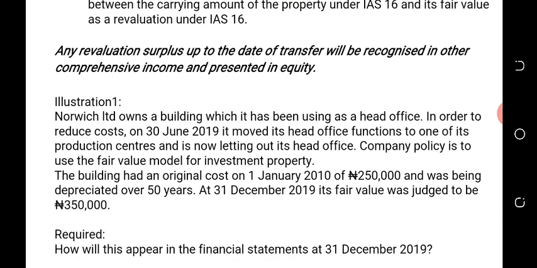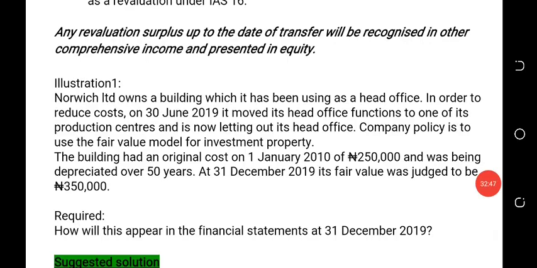In order to reduce costs, on 30th of June 2019, it moved its head office functions to one of its production centers and is now letting out its head office. Now, they have transferred the usage of their head office, which was for administrative purposes.